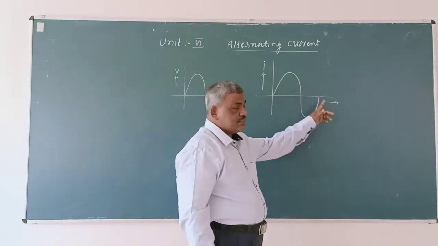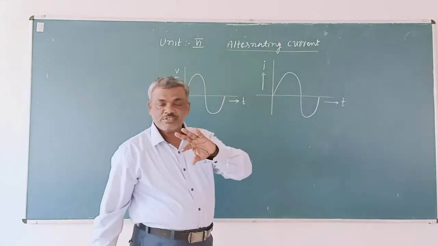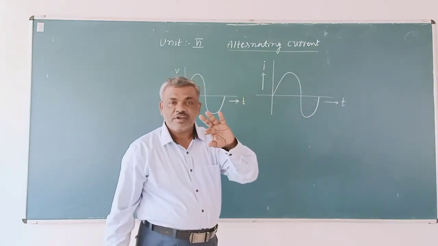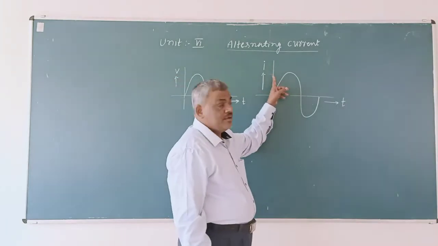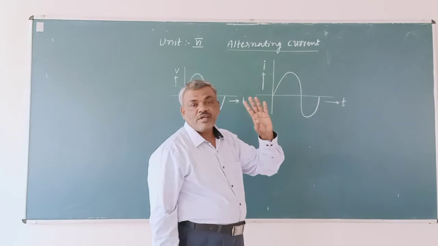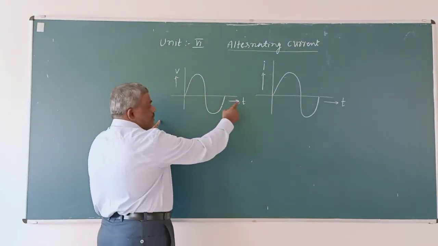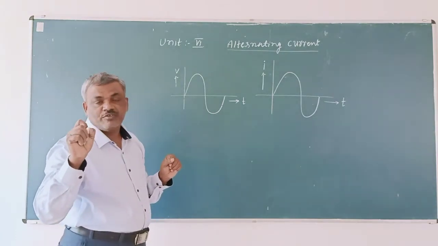And current versus time. The current that passes through the AC circuit is called alternating current. The current varies periodically with time. So the x-axis and y-axis symbols are very important in your examination.